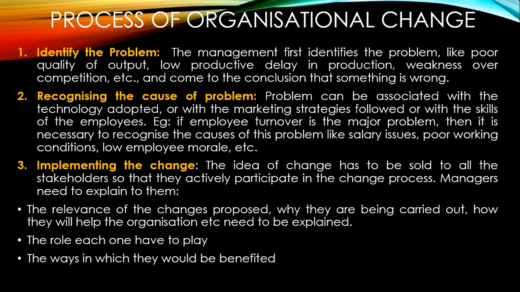For example, if employee turnover is a major problem, then it is necessary to recognize the cause of the problem. Is it because of a salary issue, poor working conditions, low employee morale? The problem can also be associated with technology adopted or marketing strategies. So first understand the problem, and then recognize the cause of the problem.